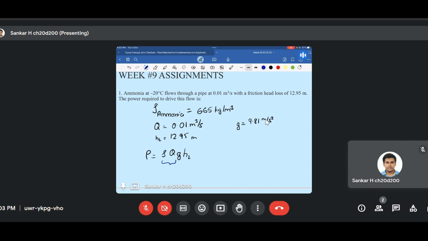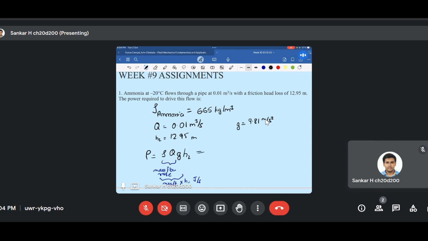Rho times Q will be the mass flow rate, and that times g will give you the weight flow, or mass times g per unit time. And if we multiply that with h, we'll get the rate of change of energy per unit time, which is basically the power.